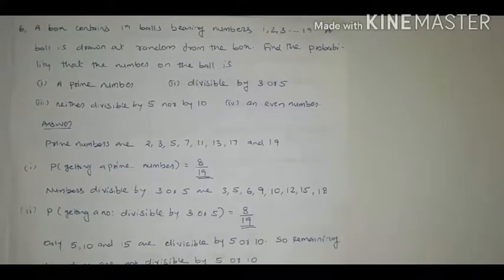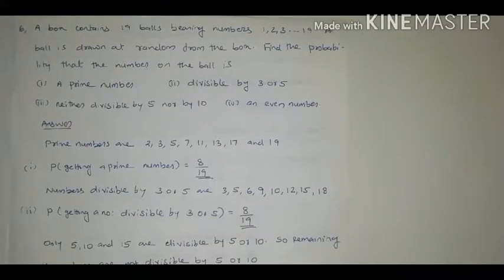Only 3 numbers are there: 5, 10 and 15. Then all the remaining numbers are not divisible by 5 or 10.